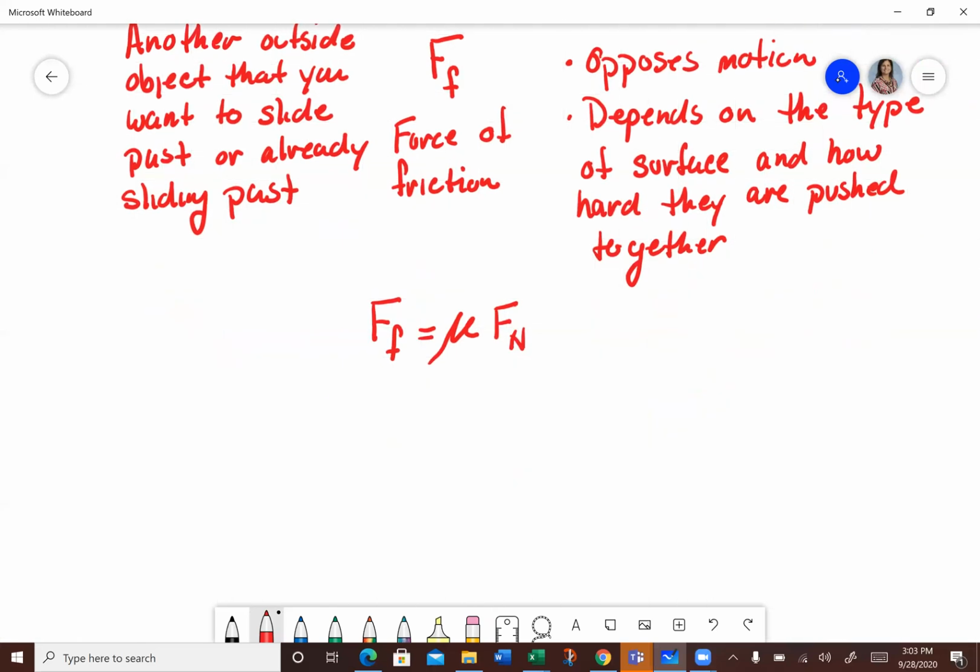Remember that all of these are in units of newtons. So in this case, our F is the force of friction. This mu is the Greek letter mu. Okay, and it represents the type of surface.